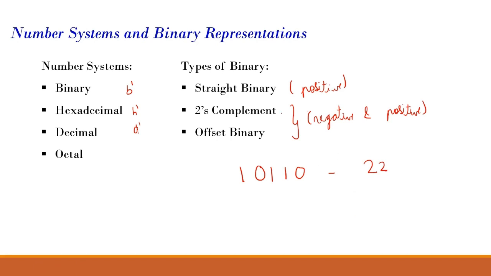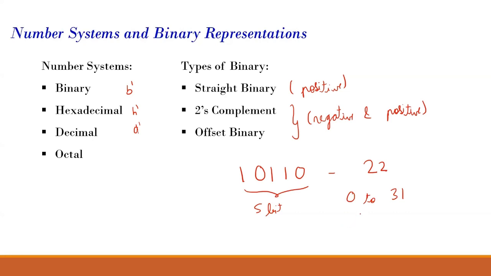Now, this is a 5-bit number. So it can take values from 0 to how much? 2 power 5 minus 1. So that is 31. It can take values 0 to 31. But it cannot be used to represent negative numbers.